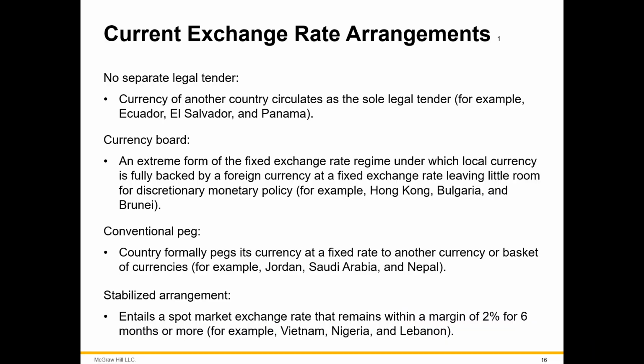Okay, this is part two of the International Monetary System. The International Monetary Fund has 10 different regimes that they use to categorize exchange rate arrangements. So, again, these are countries themselves using the tools they have at their disposal.